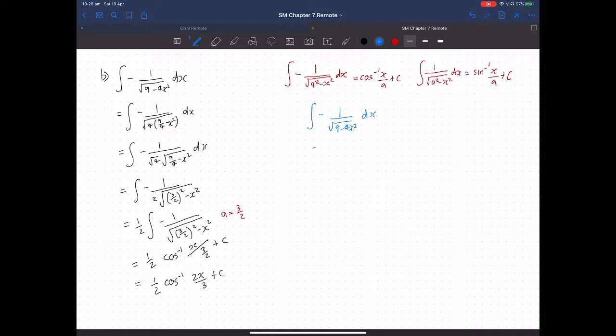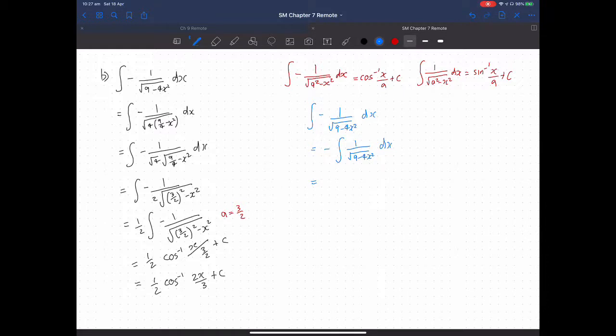What you can do is take the minus outside the integral sign because there's a constant minus 1. So we get minus the integral of 1 on the square root of 9 minus 4x squared dx.